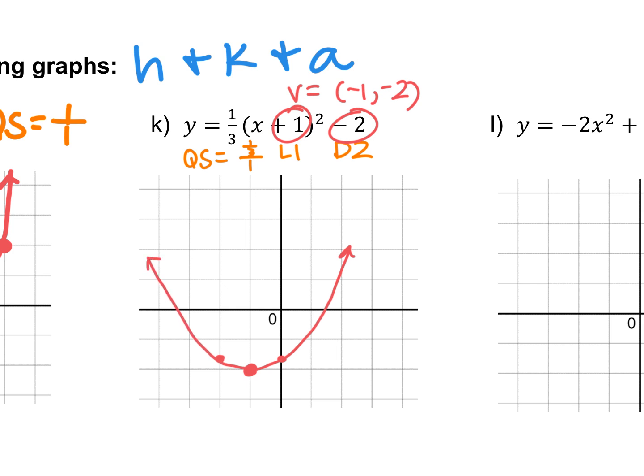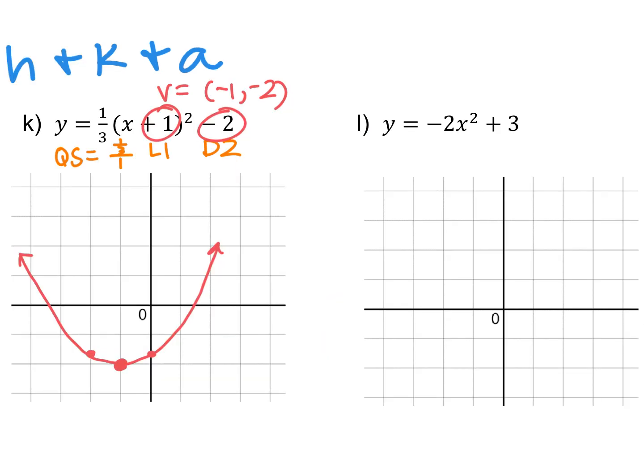This very last one, we've got the number in front of X is -2. So my quote slope is -2 over 1. Now, there's nothing in parentheses here. So am I shifting right or left? No. No shift right or left. But there's a +3 after the square.